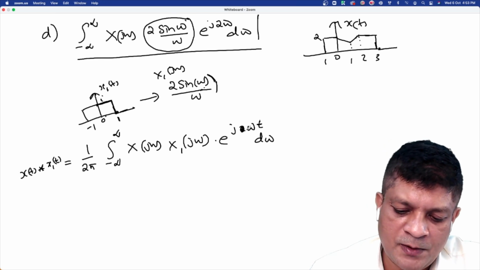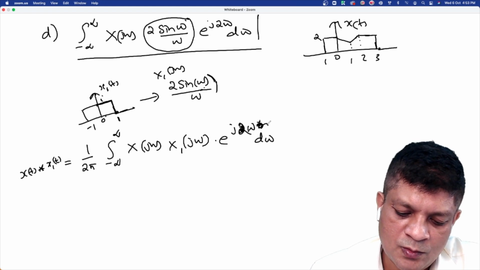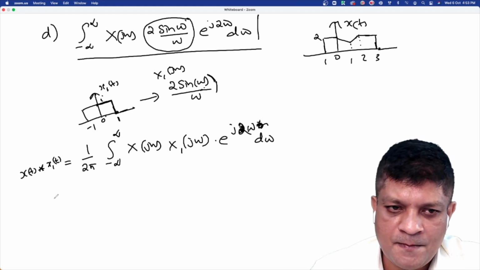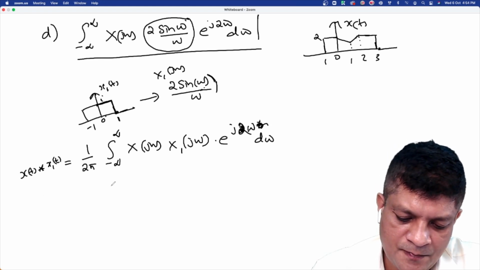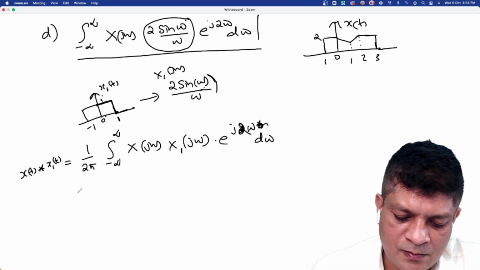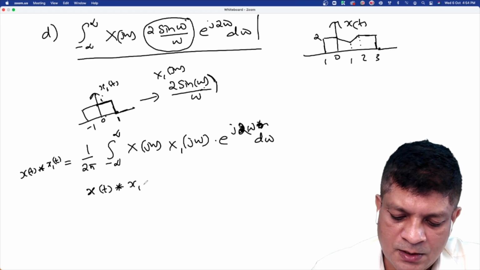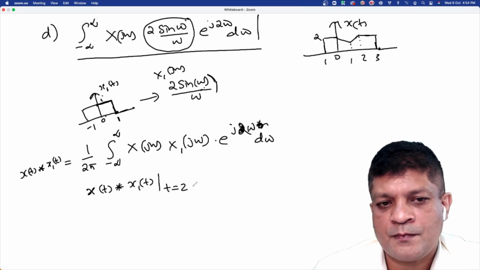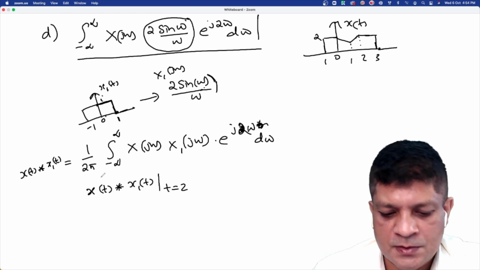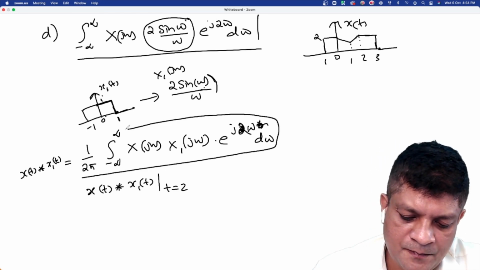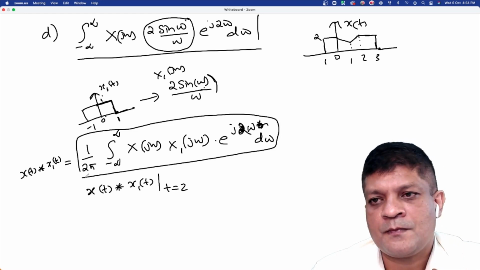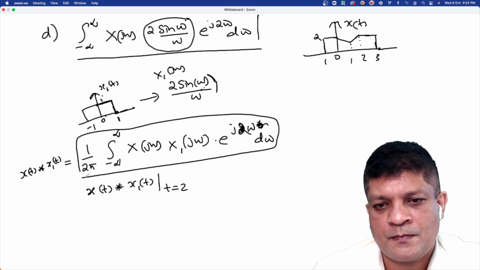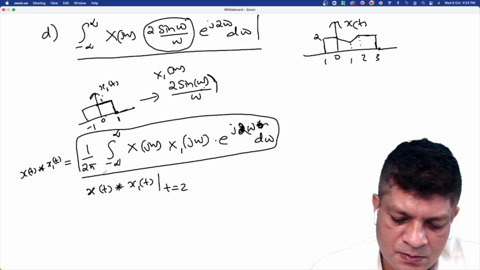Now if you want to find this at t equal to 2, then the answer is x(t) convolution x1(t) at t equal to 2, isn't it?